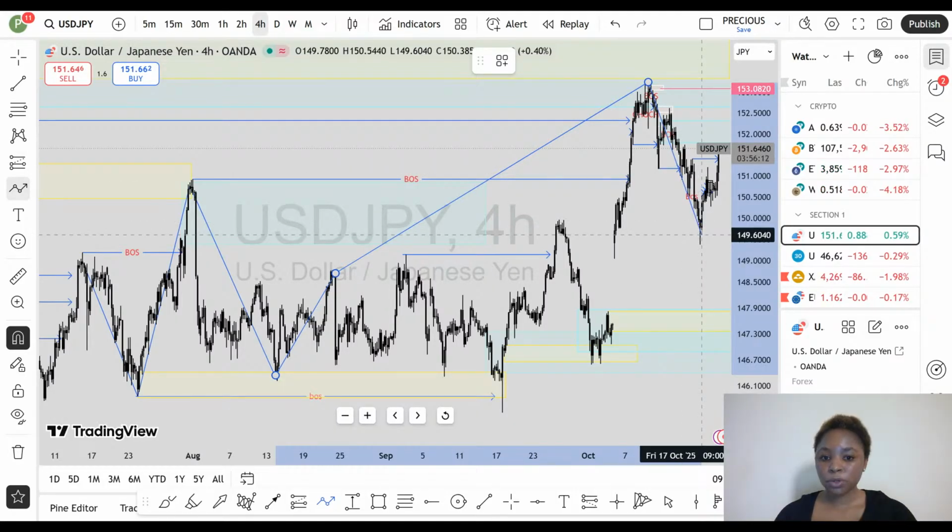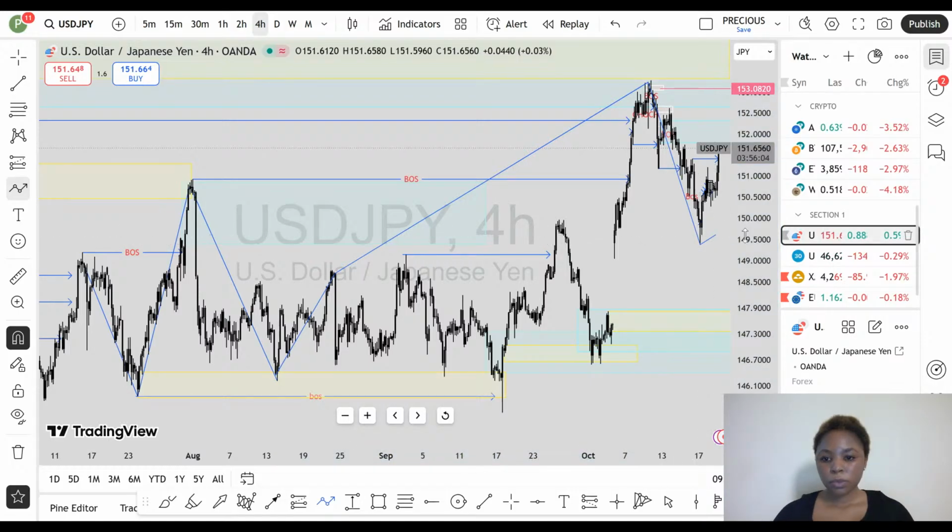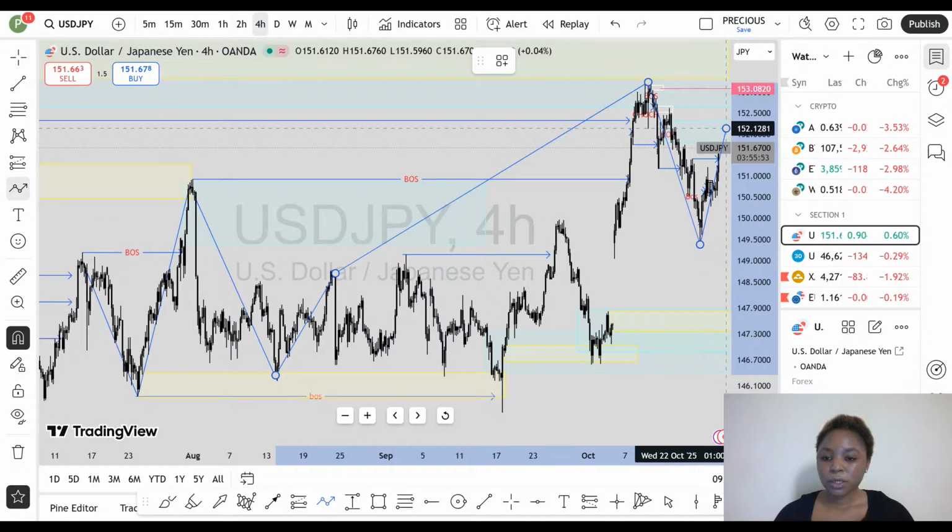You guys can see we have a break of structure here. So market can mitigate, move upward to respect a break of structure to the downside here, to respect an order block here, sorry. And then now we are expecting market to come to this region here and buy from this region here.